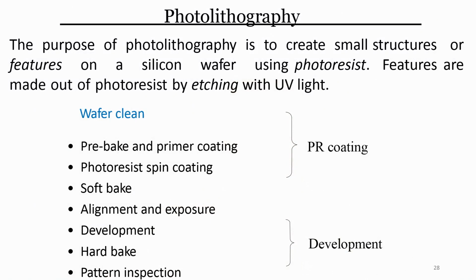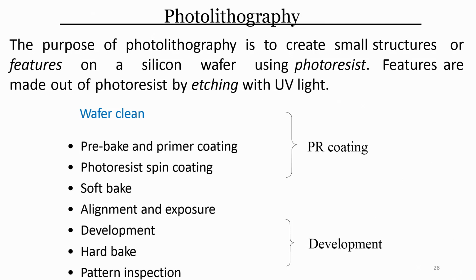Photolithography comes from the words photo and lithos. Lithos and graphy is a Greek word which means carving from a single stone. Photo means nothing but photons, light, used to carve a single stone.